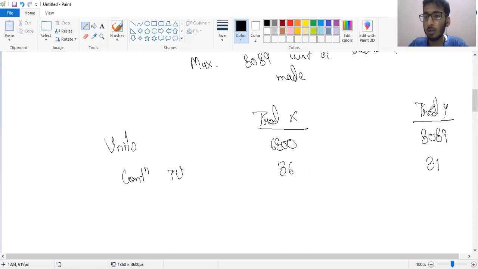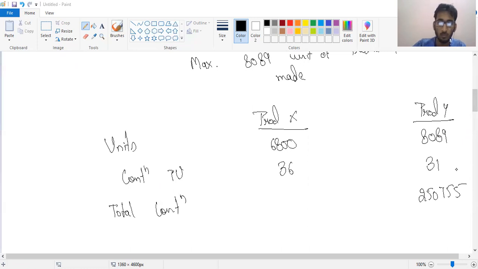We didn't calculate it, but it is easy to calculate. I hope you guys know. So total contribution would be 257.55 and 244,800.